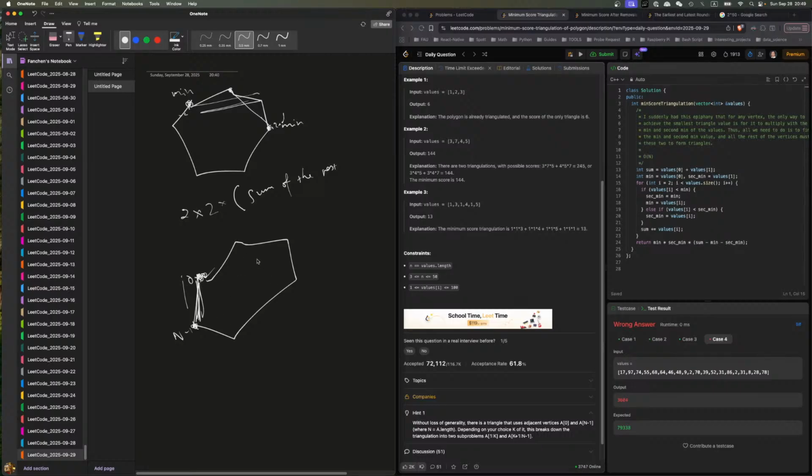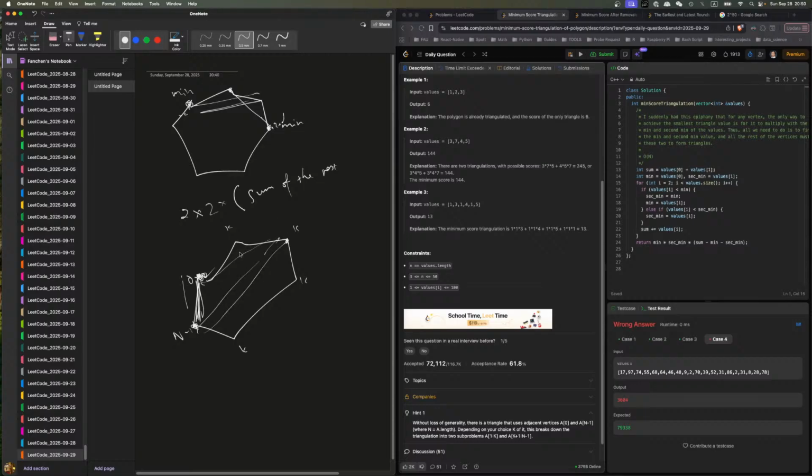So depending on the choice of K, K can be here, K can be here, K can be here. Depending on your K, the problem becomes, let's say K is here, so you do this triangle.